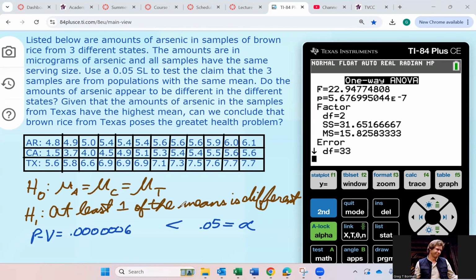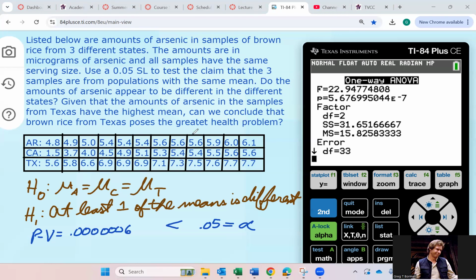We don't know. All we know is at least one of the means is different. Probably Texas, but this test doesn't tell us that. We would have to do something different next to make that conclusion. So that's what the ANOVA tells us. At least one of these is different. Which one? We don't know. It just says at least one is different from the others.